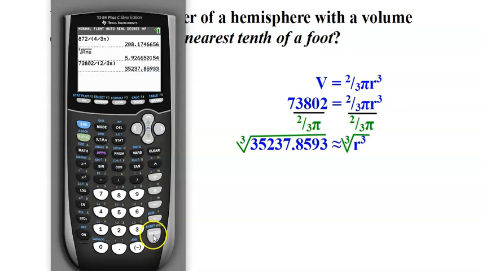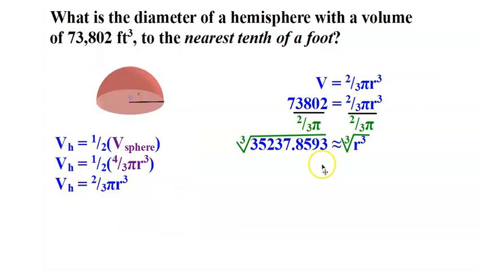There it is. And that gives me approximately 32.7846 for the radius. But the question doesn't want the radius, it wants the diameter. So how do you find diameter? Well, that's not too bad. That's just 2 times the radius.